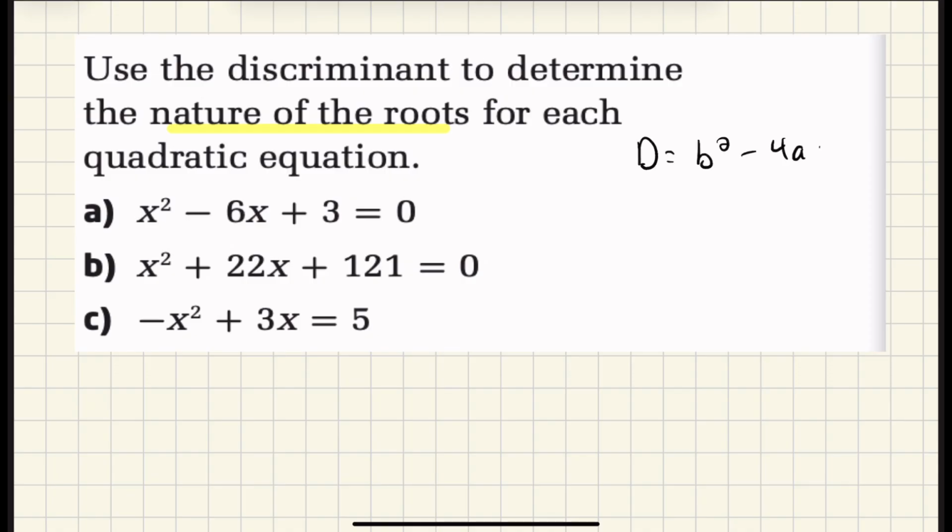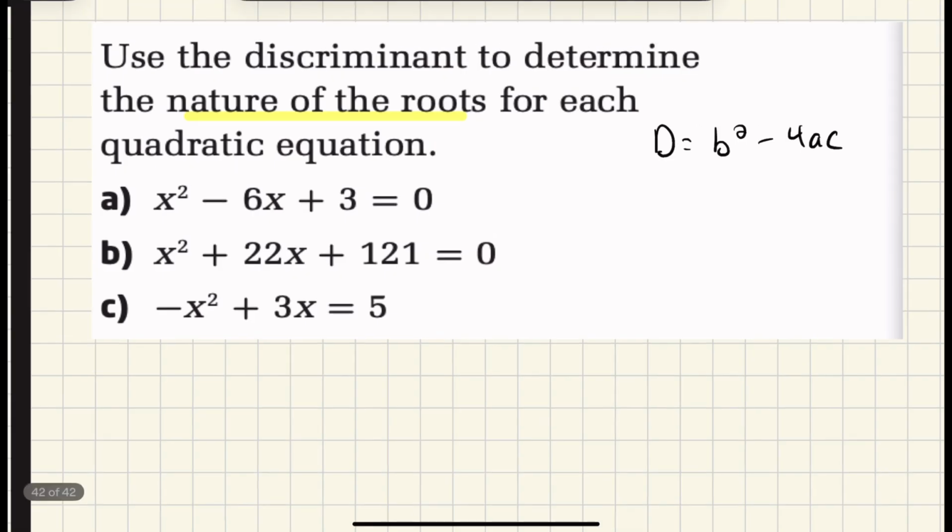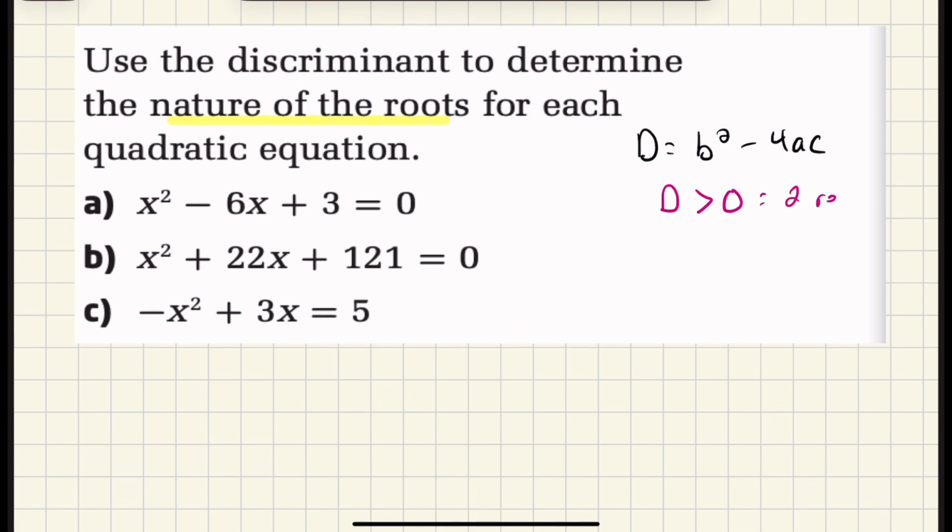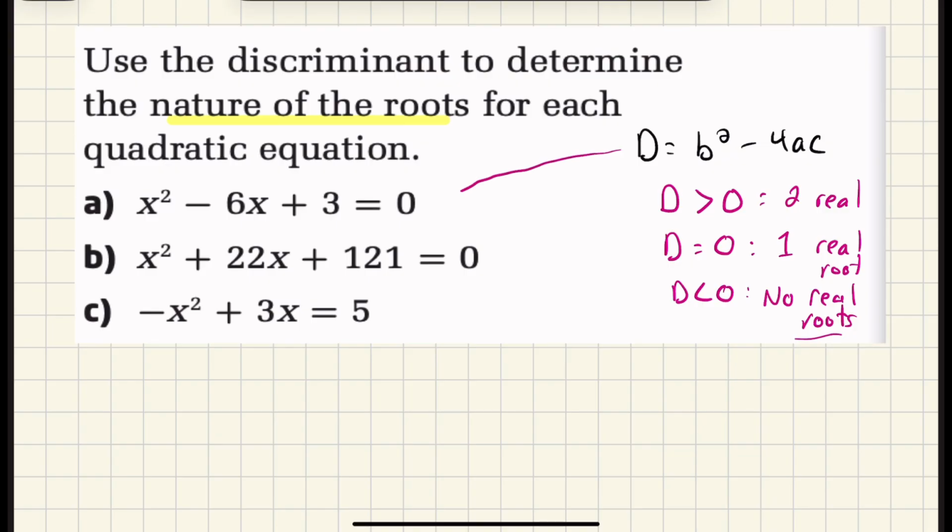And as previously mentioned, there are values that tell us how many real roots our quadratic function has. If we apply this formula to every single one of these, let's see what values we get. And if there are, let's say, 2 real roots, we're going to go ahead and solve for those roots using factoring or the quadratic formula.